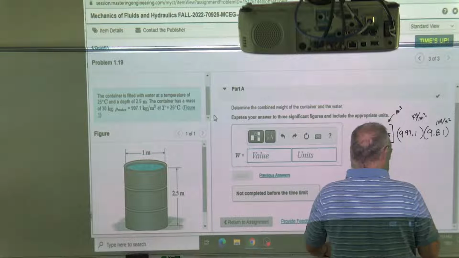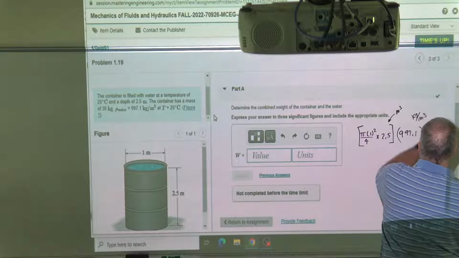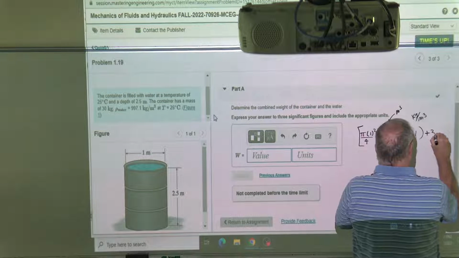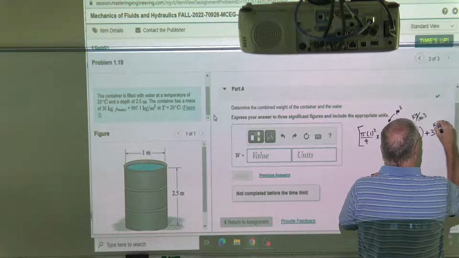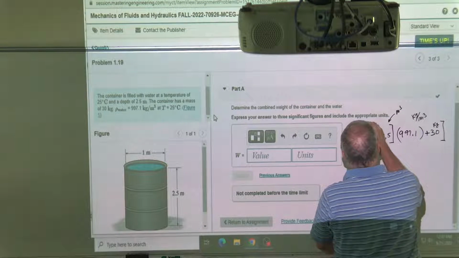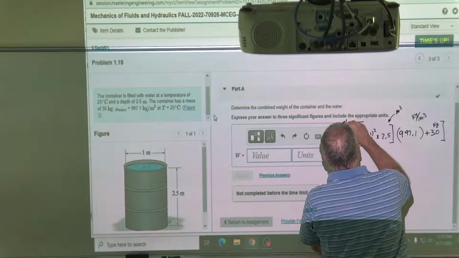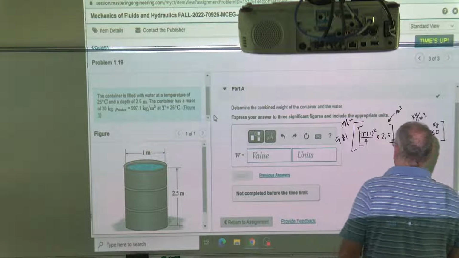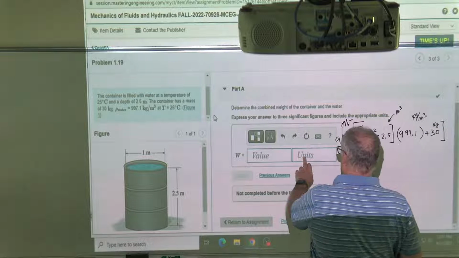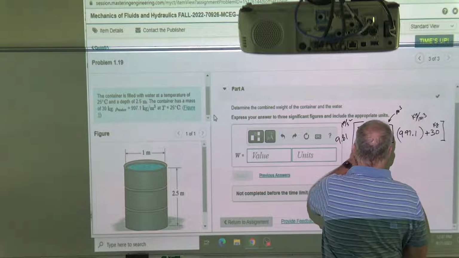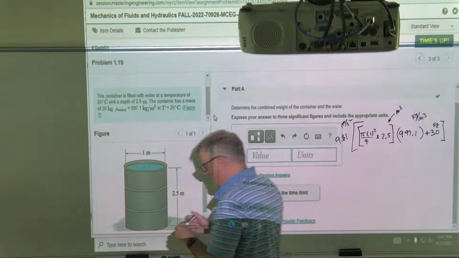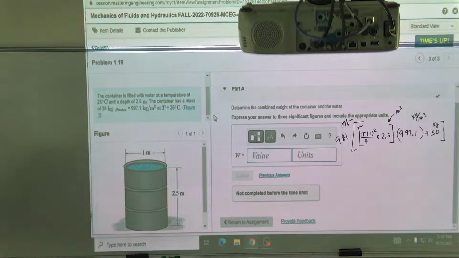So really, what I need to do is add 30 kilograms here, and then multiply that times 9.81 meters per second squared. So I do all that, and then I put this in. Let me see what happens when I put, I think I have MATLAB up. I did, at one point.